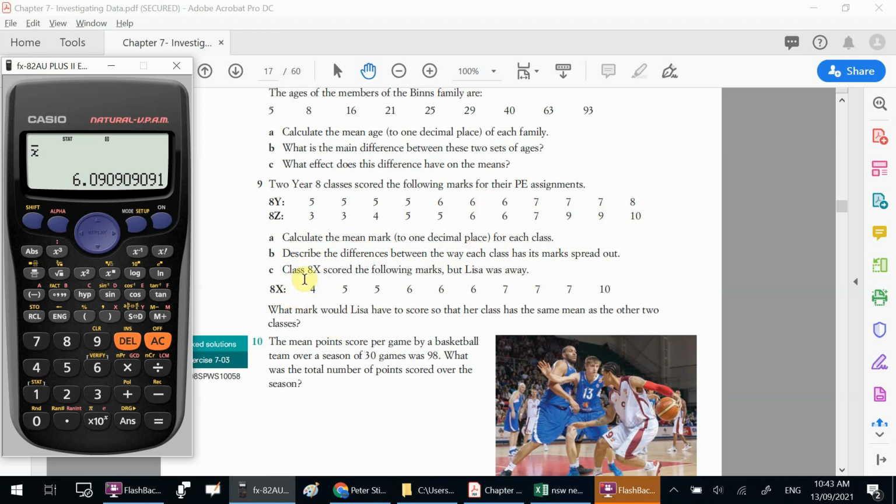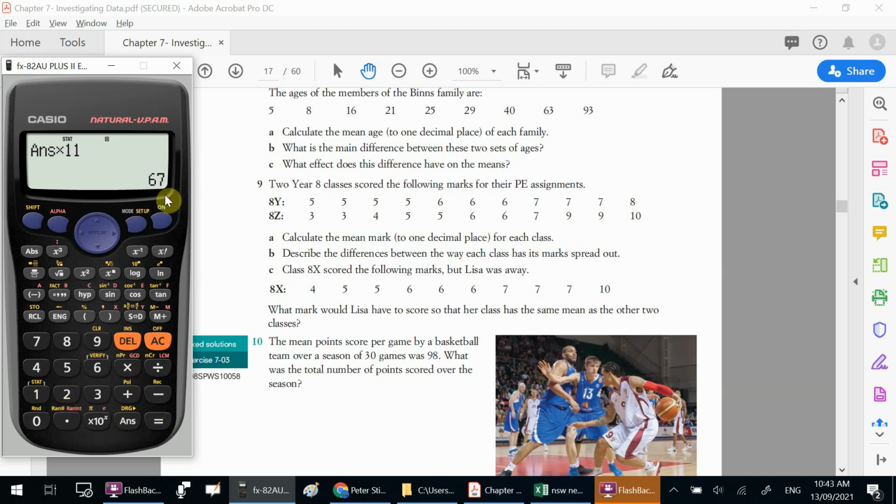This last one. Now 8Z does a test, but Lisa was away. So there's only 10 scores there, not 11. And so the question is, what mark would Lisa have to score so her class has the same mean? Basically, that means that after Lisa does her test, the mean should be the same. So what we do with this one is multiply the mean times 11, because there was 11.